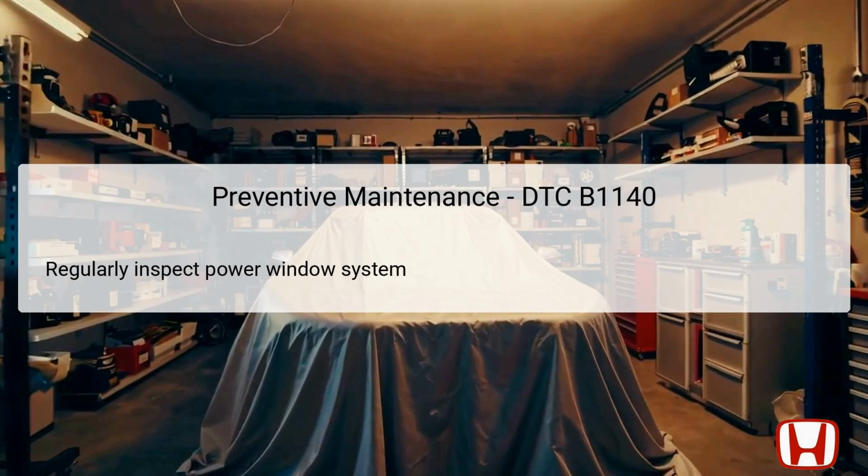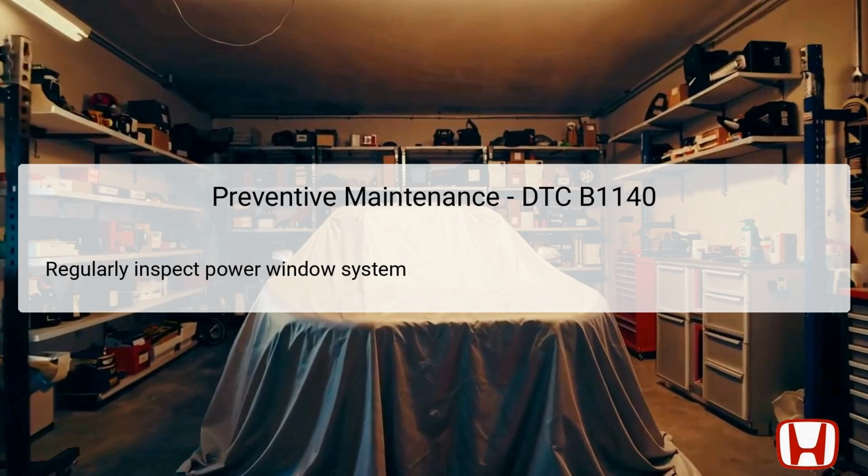For preventive maintenance related to the power window system in Honda Accord models, it's advised to conduct regular inspections to catch any issues early. Periodically check for debris or obstructions that might hinder window movement. Keeping the power window switches clean and free of debris will also help maintain their functionality.